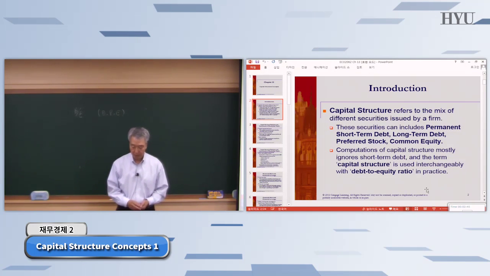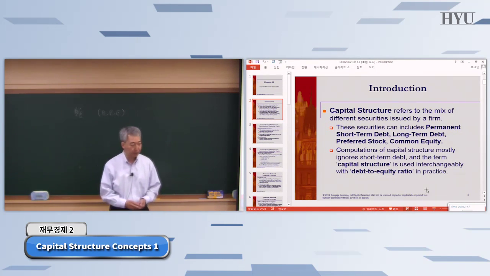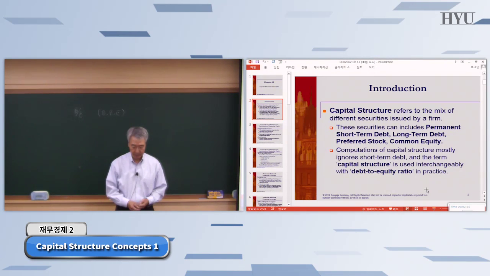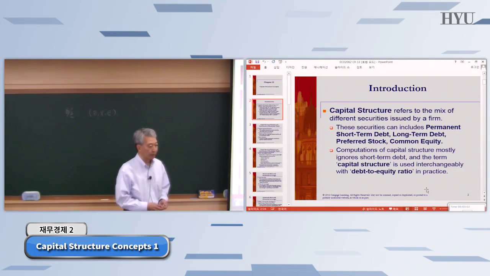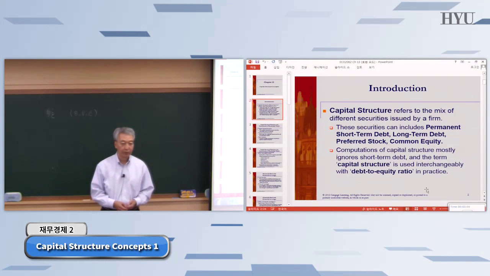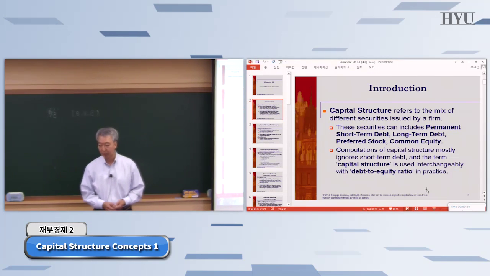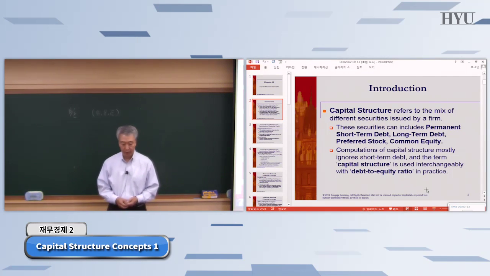We talked about the long-term debt like bonds, okay, and preferred stock and common equity, but we haven't mentioned the permanent short-term debt. Well, when we say short-term, literally, we're talking about less than a year, right, in finance. Okay? So if a company has some debt which is due within less than a year, I guess we can call it the short-term debt, right?